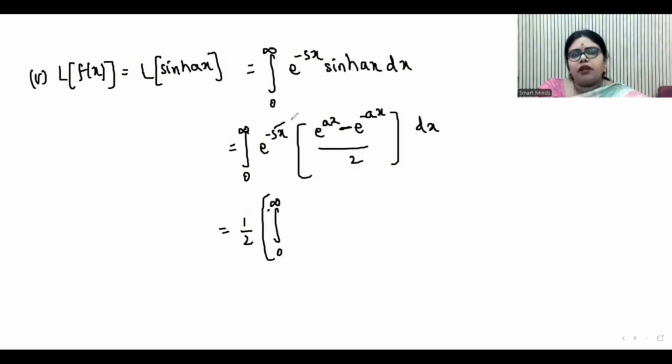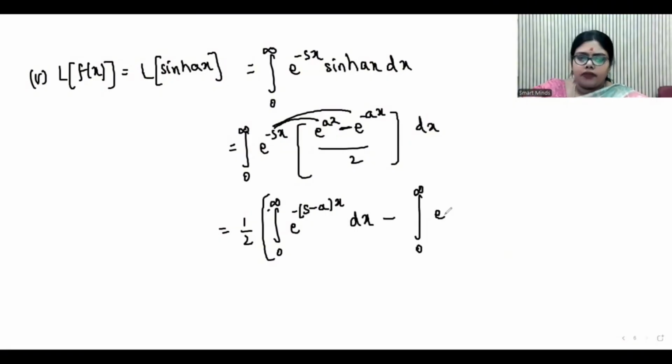Now here we can multiply this into this into this. So you will get integral e power minus of (s minus a) into x dx minus integral 0 to infinity e power minus of (s plus a) into x dx.